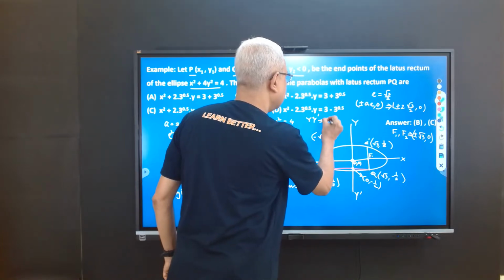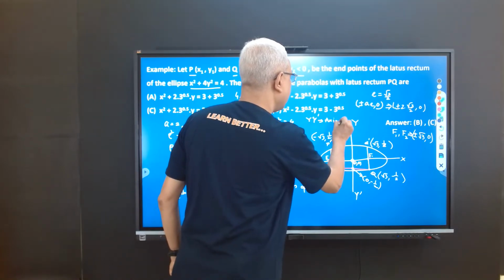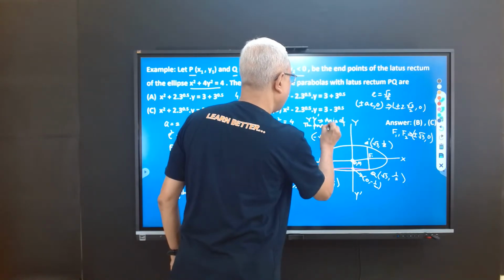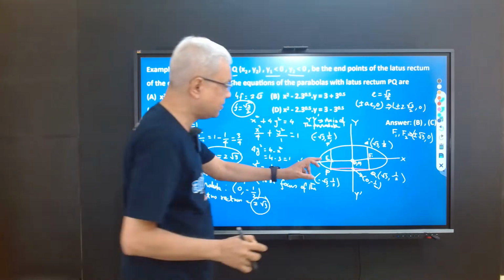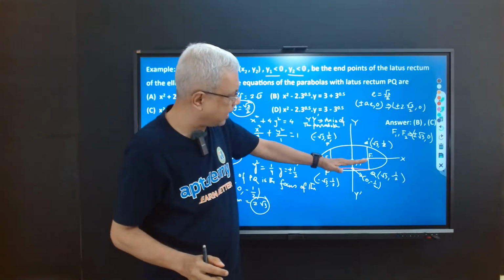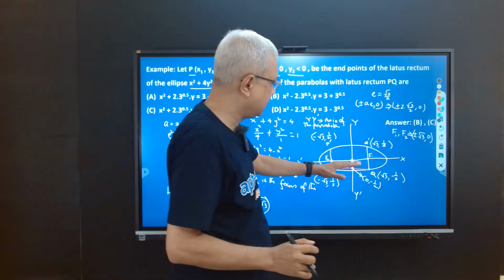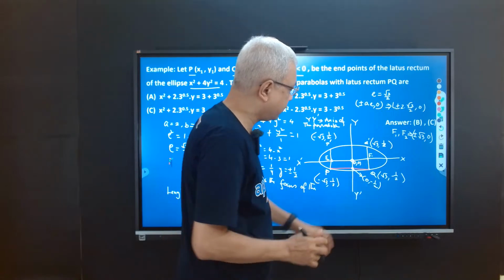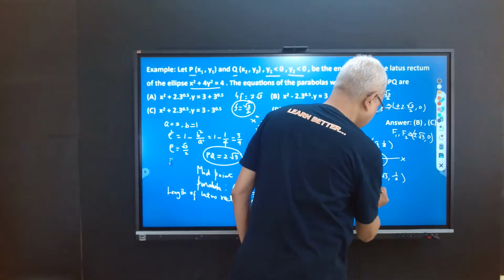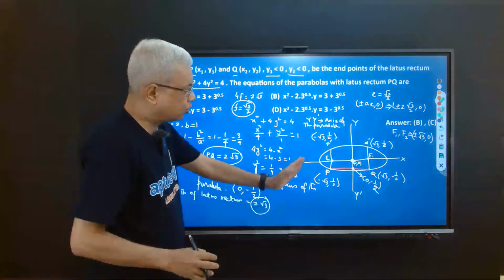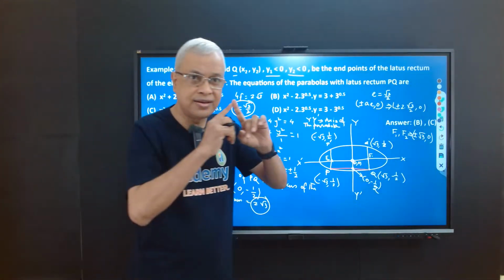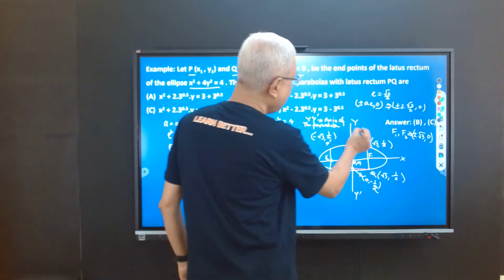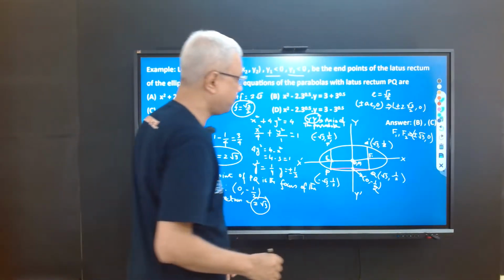There is no doubt. Why? Since PQ, which is a line parallel to the x-axis, is the latus rectum, and 0 minus half is the focus of the parabola, the axis of the parabola is a line passing through the focus and perpendicular to the latus rectum. Therefore, y dash is the axis of the parabola.